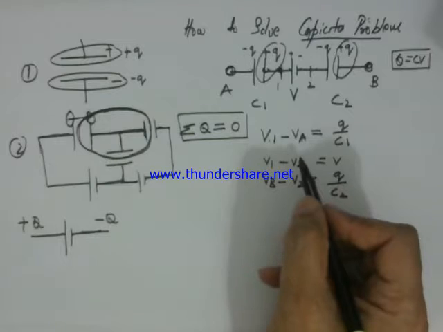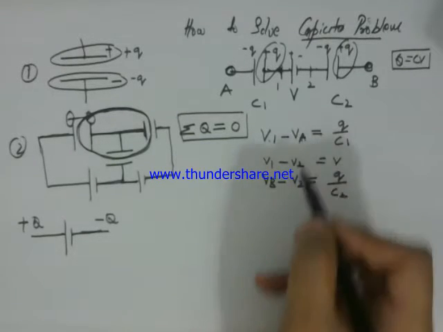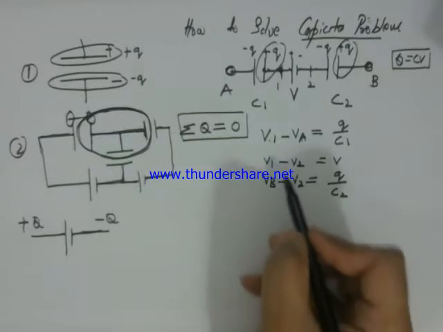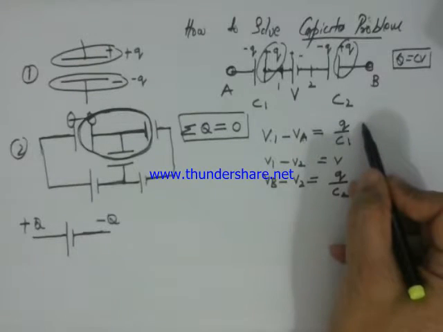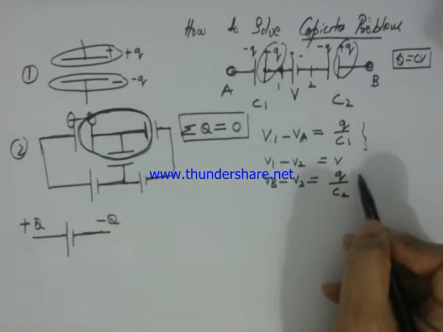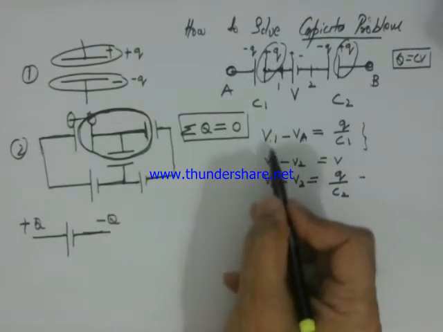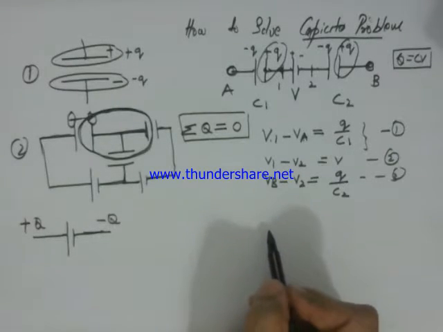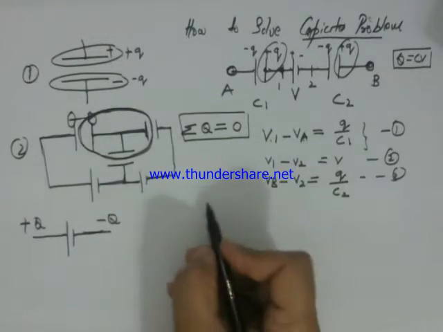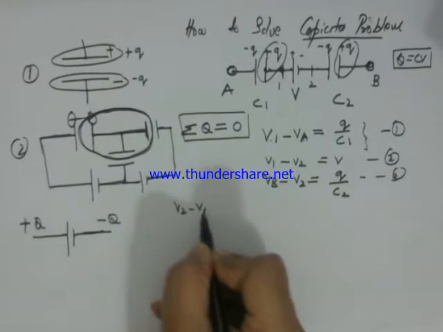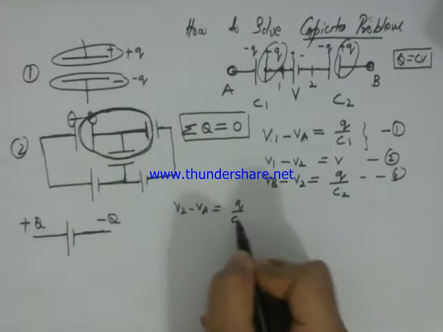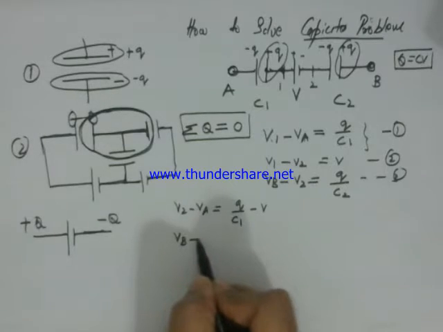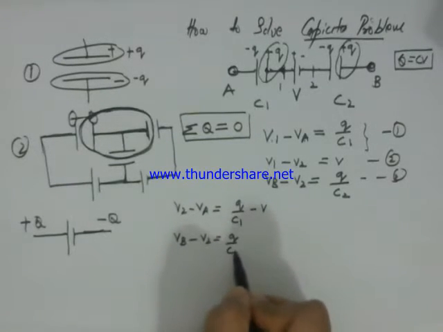Now we can easily find VA minus VB if you use these equations in the right way. Now if we take these two equations and this equation also, this is 1, this is 2, and this is 3. Subtract equation 2 from equation 1, you get V2 minus VA is equal to Q upon C1 minus V. Now you have another equation, VB minus V2 is equal to Q upon C2.